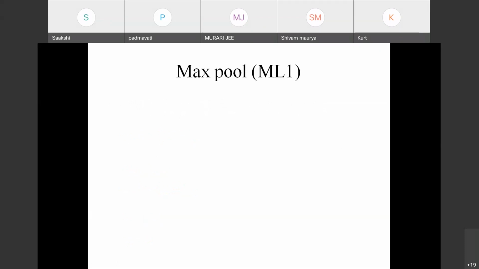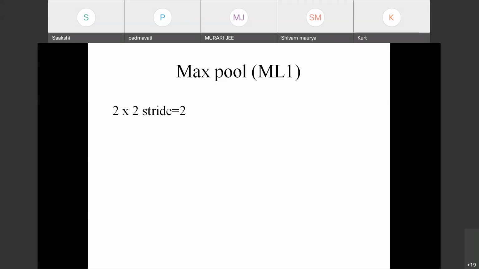That is max pool. So they have applied a pooling layer, and in particular they have selected max pool, right, with a stride of 2, and they have taken the maximum pixel value of 2 cross 2.